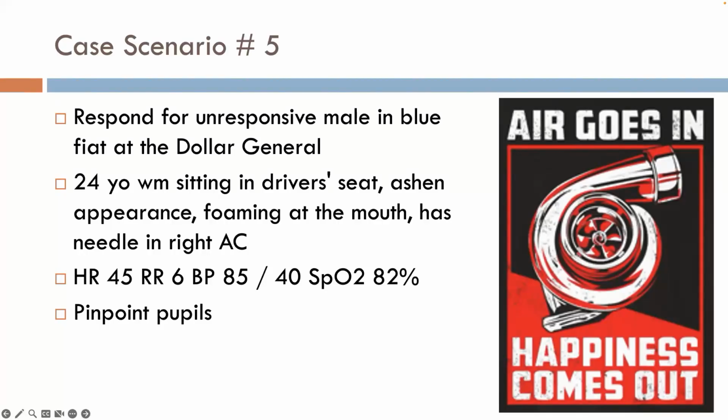All right, so number 5, okay? Dollar General, person blue, unresponsive, okay? Foaming, okay? IV in the right AC, already got access. Opioid overdose, okay? SpO2 82, could be lower, pinpoint pupils, they're overdosed, okay?